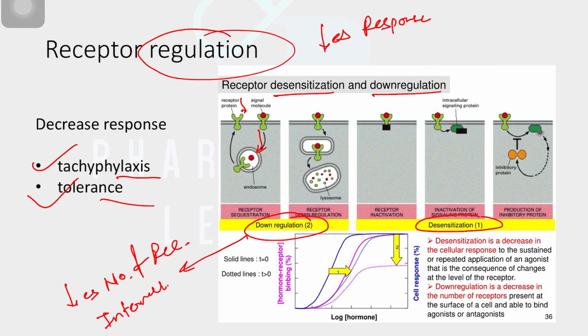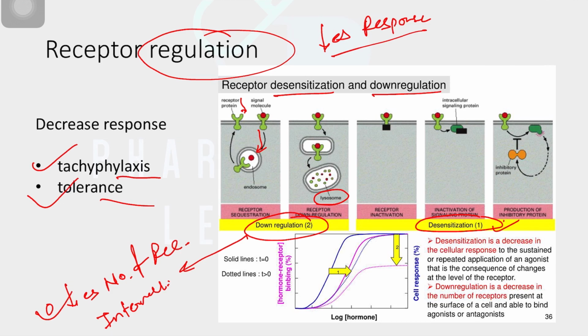So internalization of receptors, and these internalized receptors eventually get destroyed by lysosomes. Because of these lysosomal actions, the internalized receptors get destroyed, and due to which there is a decrease in the number of receptors, and due to which there is a decrease in the response, and this process is called down regulation.